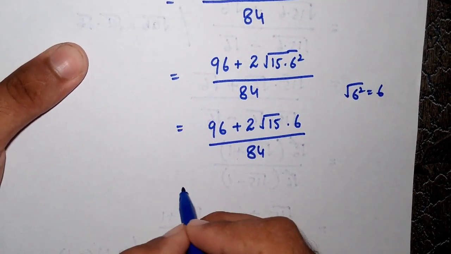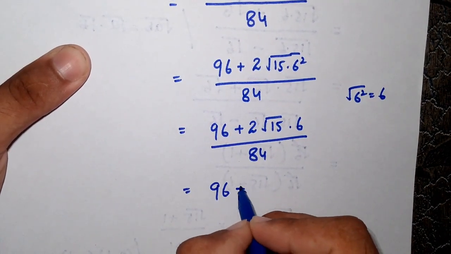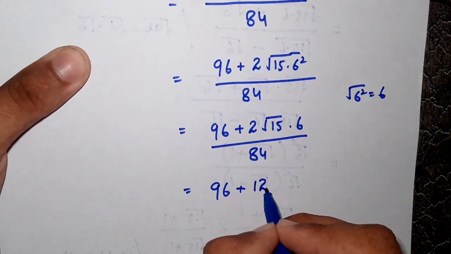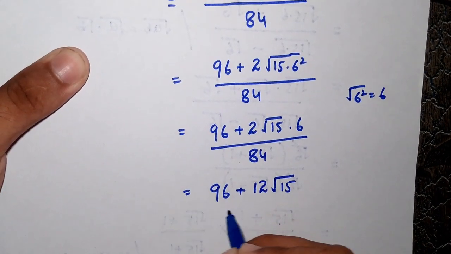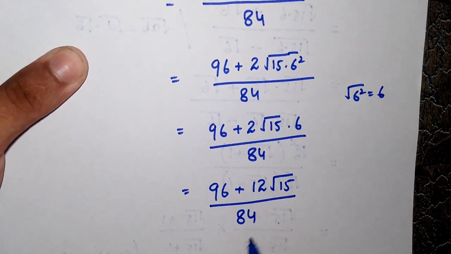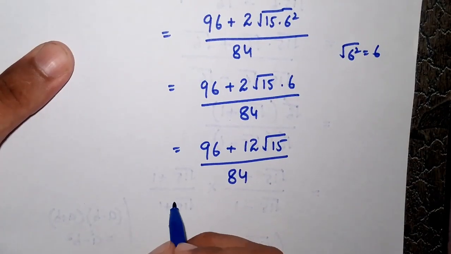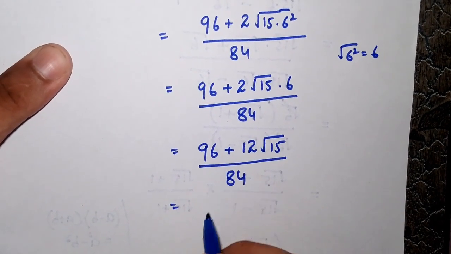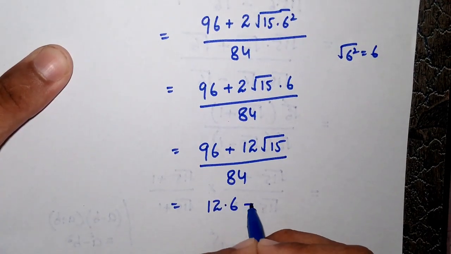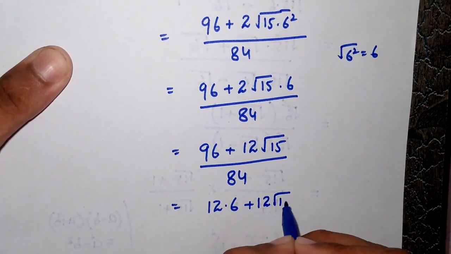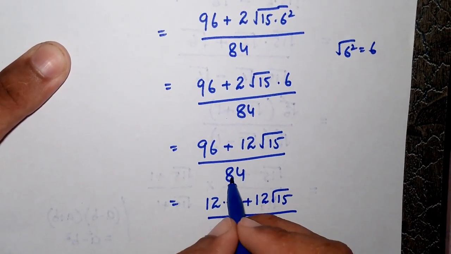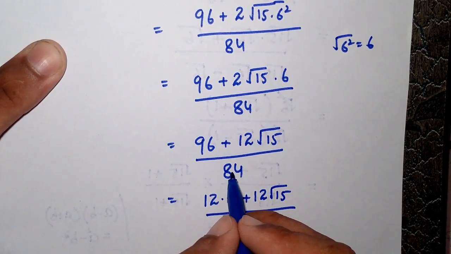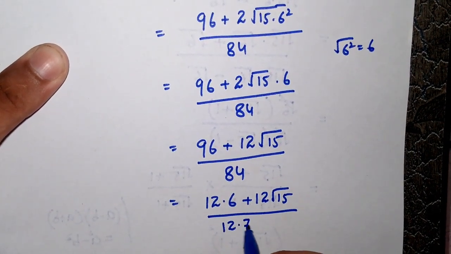Now in the next step, 96 plus 6 times 2 is equal to 12 times square root of 15 over 84. Now here this 96 can also be written as 12 times 8 plus 12 times square root of 15 over, and this 84 is in the form of 12 times 7.